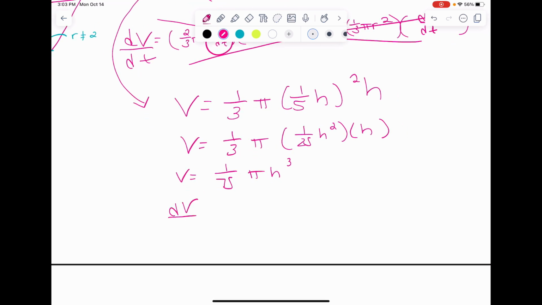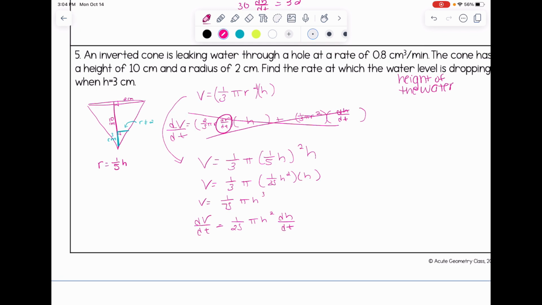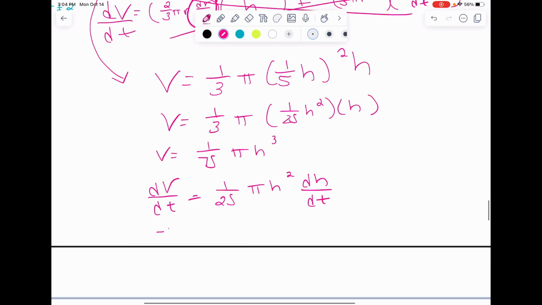So dV/dt equals 1/25 pi h squared dh/dt. And now I can actually plug in all of my values. We know that the rate of change of the volume of the cone, it's leaking, it's decreasing, so that's negative 0.8. We're talking about when the height of the cone or the water level is 3. And dh/dt is what we are looking to find. We're looking for the rate at which the water level is changing.